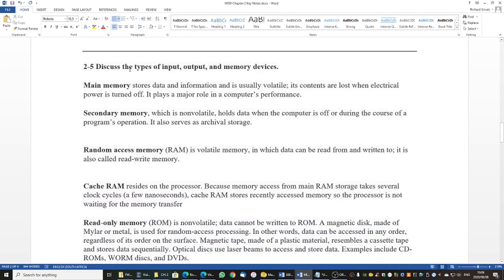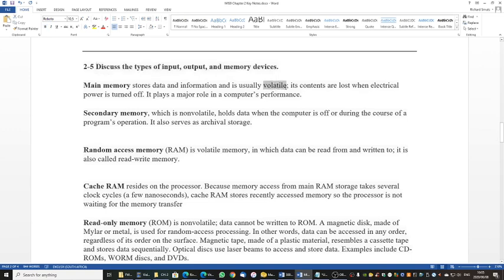Then we have the types. Now we are looking at the components of a computer here. Discuss the types of input, output, and memory devices. Okay, I will go through this relatively slowly because there are some new terms here for you. The main memory, which is known as the hard drive, stores the data and information, and it's volatile.